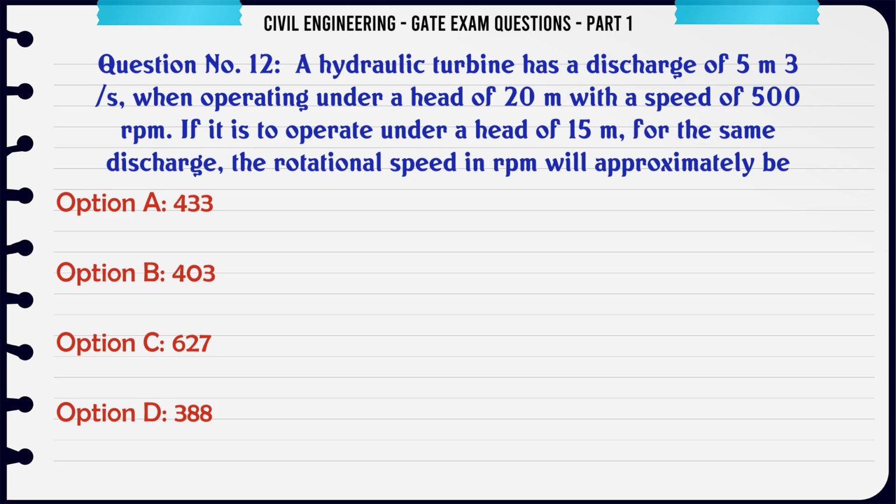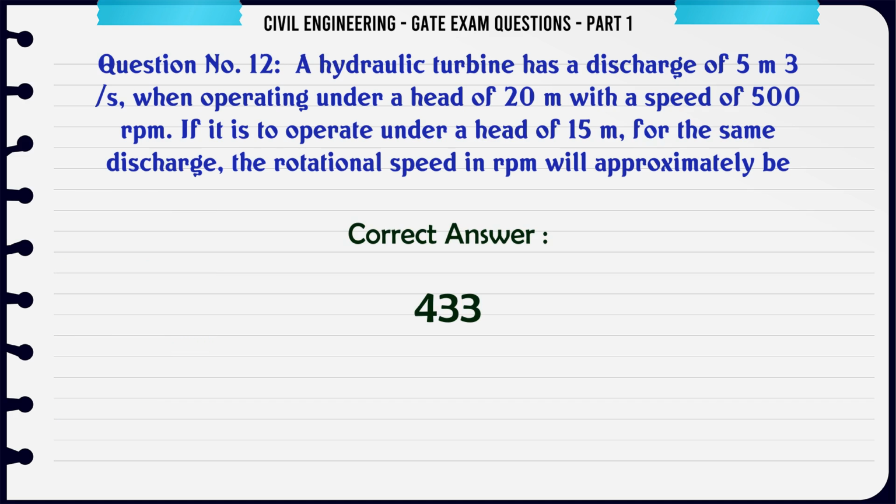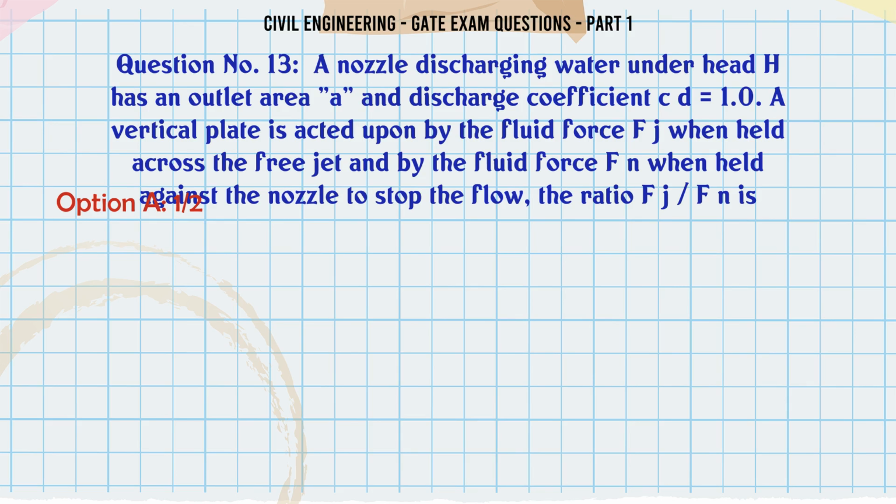If it is to operate under a head of 15 m for the same discharge, the rotational speed in rpm will approximately be: A. 433, B. 403, C. 627, D. 388. The correct answer is 433.